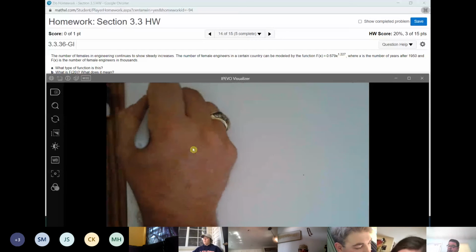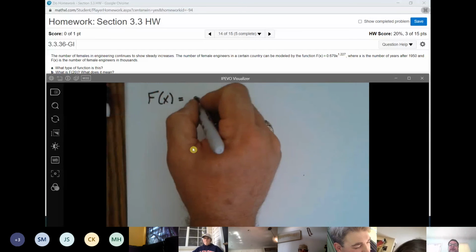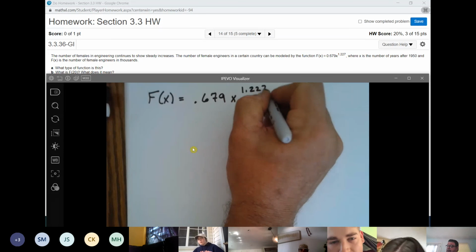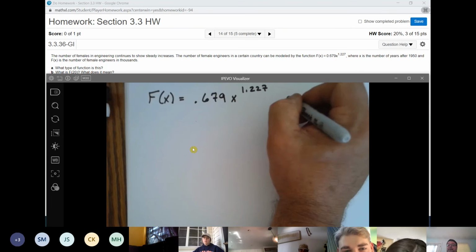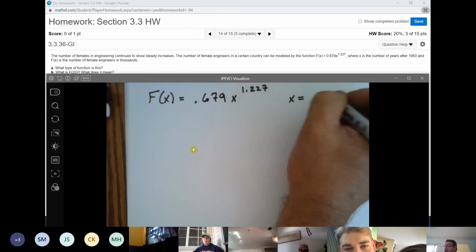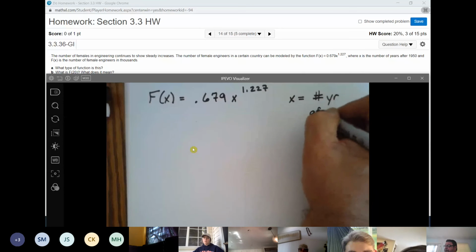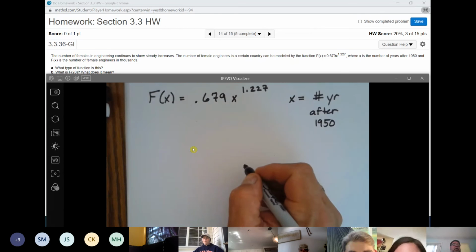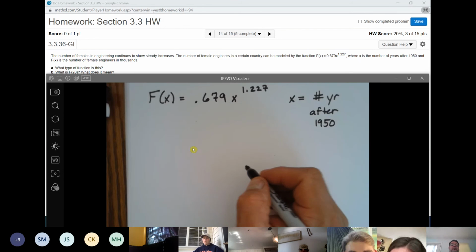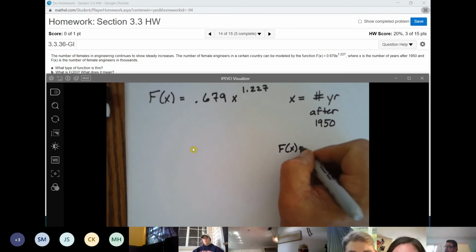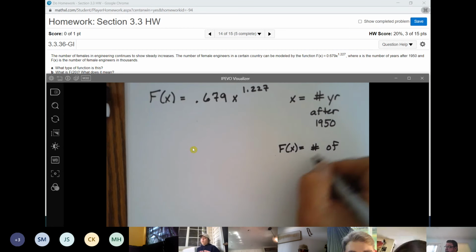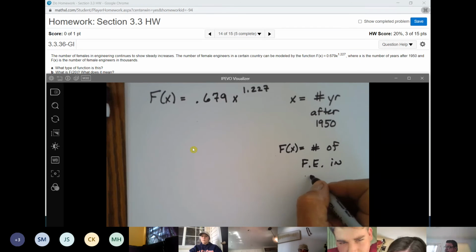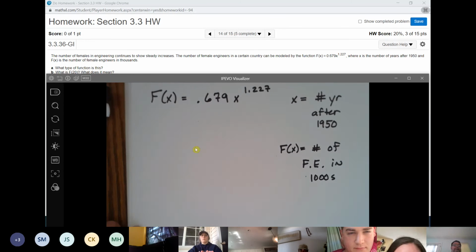So f of x is equal to 0.679 x to the 1.227, where x is equal to the number of years after 1950. And f of x is the number of female engineers in thousands.